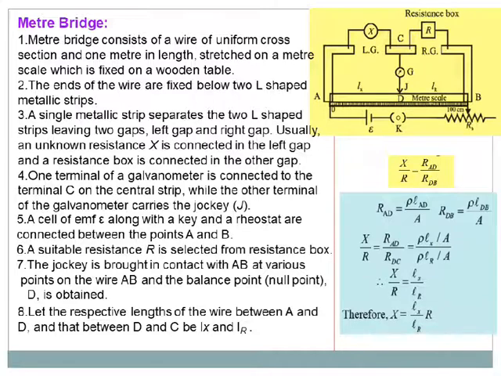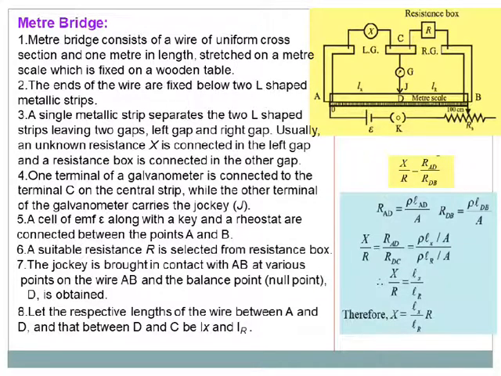When you touch the jockey on the wire, the wire gets converted into two different parts. The left side is related to the unknown resistance and the right side is related to the resistance box, which is the known resistance. We need to find the values of R AD and R DB.